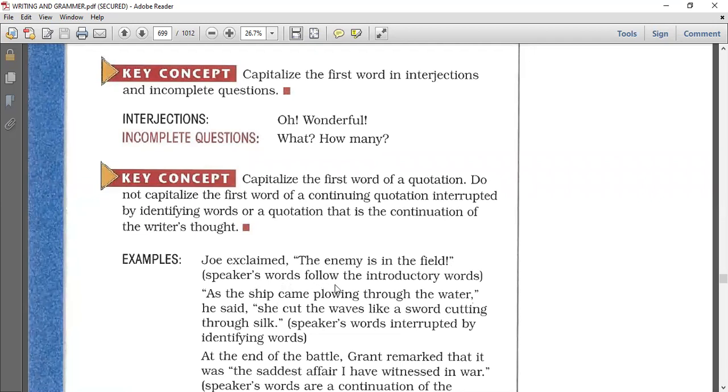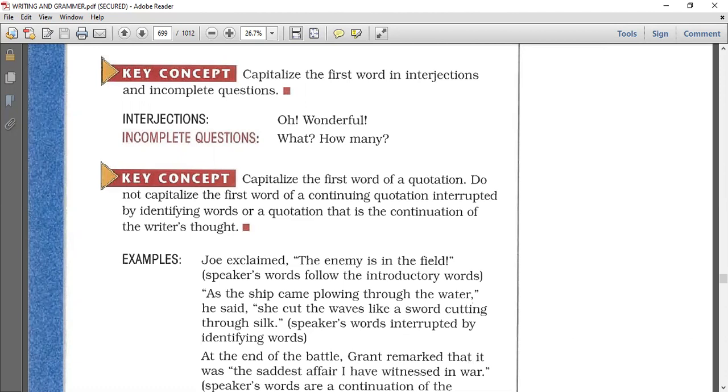Speaker's words follow the introductory words. As the ship came plowing through the water, he said, "look at she, look at the S." So if we continue the quotation, we don't need to capitalize the first letter. Be careful. Again, as here the A is capital, we complete the sentence and then we interrupted by saying he said, then she, remember the S doesn't need to be capitalized.